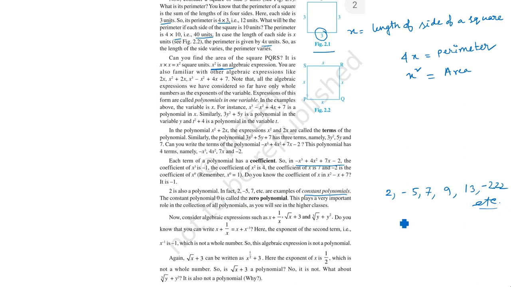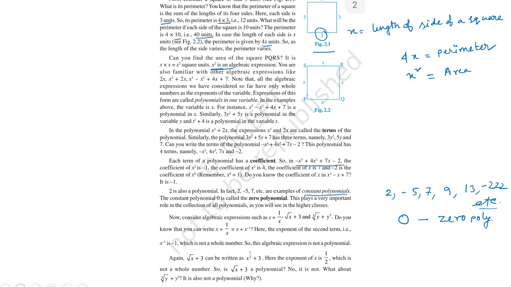If the constant polynomial is 0, then it has a special name, the zero polynomial. So there are several examples of polynomials we have seen.